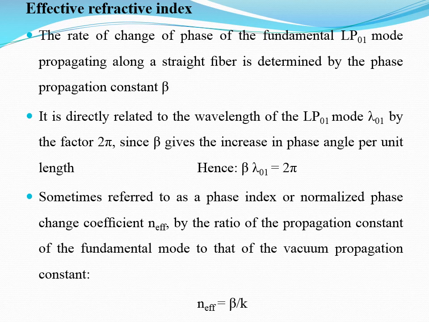Next, effective refractive index. This is just a definition related to the refractive index change. The rate of change of phase of the fundamental mode propagating along a straight fiber is determined by the phase constant. We have already seen that alpha and beta are propagation constants, and they are different in different directions, that is x and z directions, representing beta x and beta z earlier on.